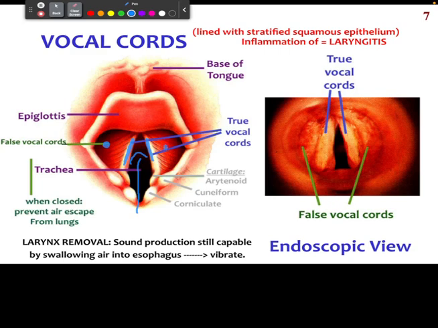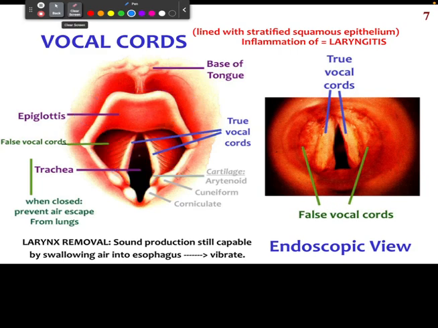You can see, right. So really important. You also can see the epiglottis here at the top. This epiglottis is going to fold over and cover this region when you swallow. This way, no food or liquids can get down into the trachea. So this epiglottis is right next to it.